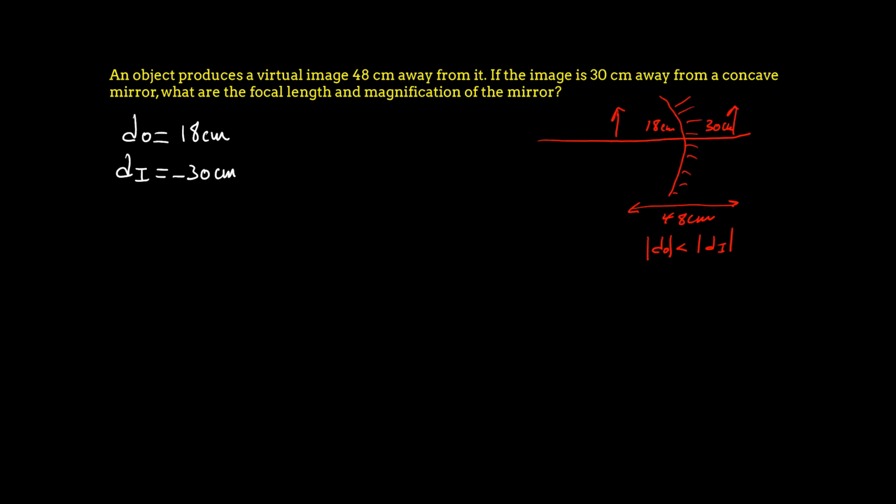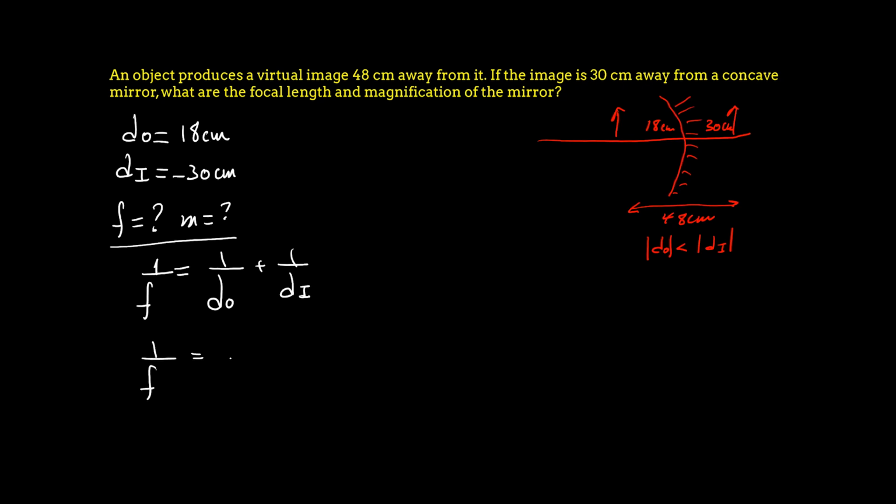Everything else now, F, is easily computed from the thin lens equation, and the magnification is simply computed from dI and dO. So let's go ahead and do it. 1 over F is 1 over dO plus 1 over dI. Common denominator, dO dI, over dO plus dI, flip.